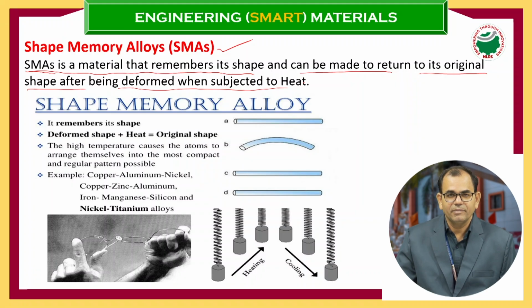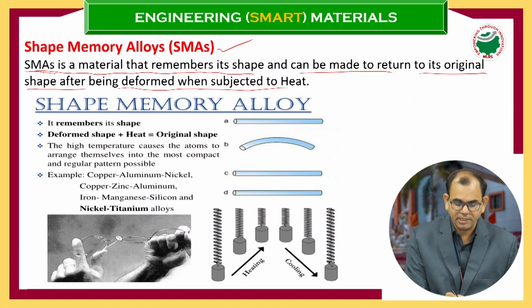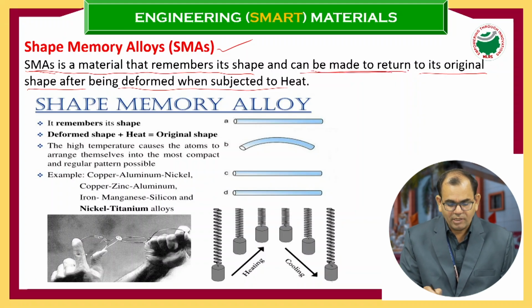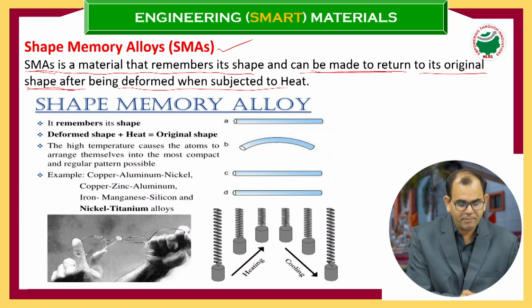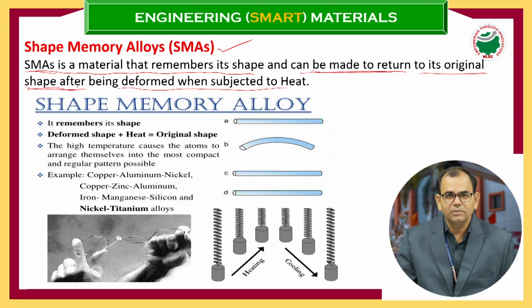That means upon applying temperature or heat, the material changes its shape, and upon removing the temperature, it goes back to its original position. That is the main definition of shape memory alloys.